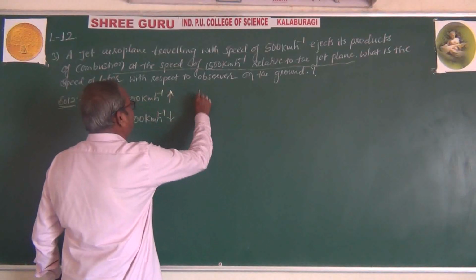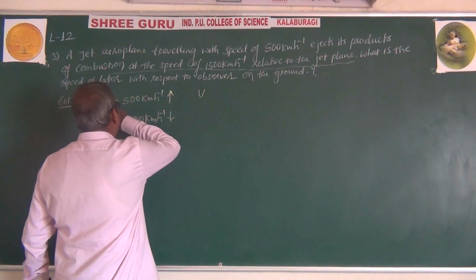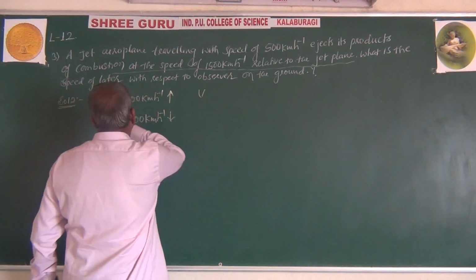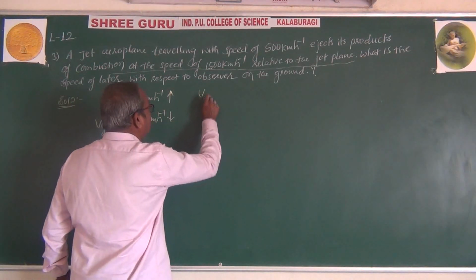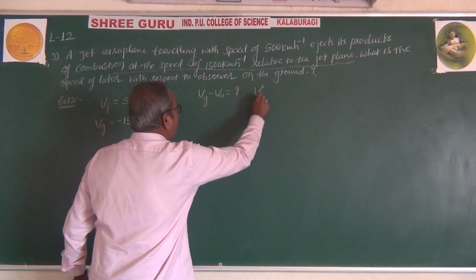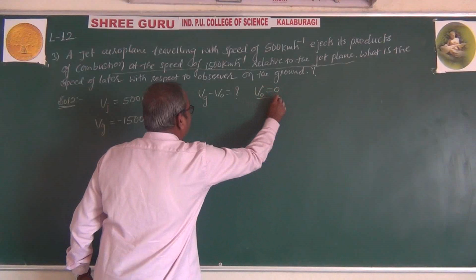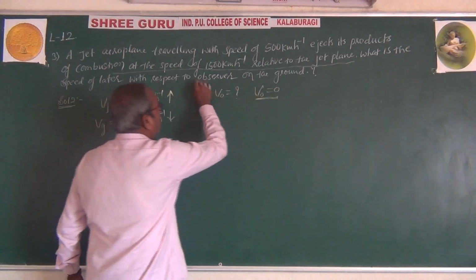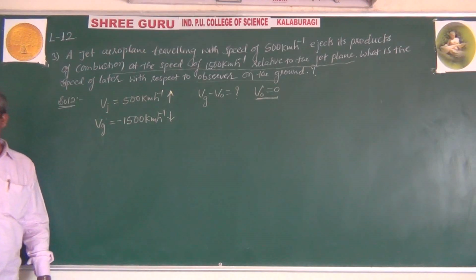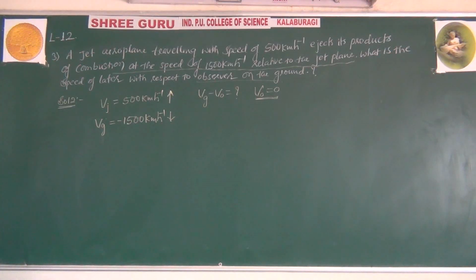Here the velocity of gas will be greater, whereas the velocity of the jet plane is smaller. Later means we have to find out the velocity of gas with respect to the velocity of the observer, whereas the velocity of the observer on the ground is 0. The observer is initially at rest. Velocity of observer is 0.